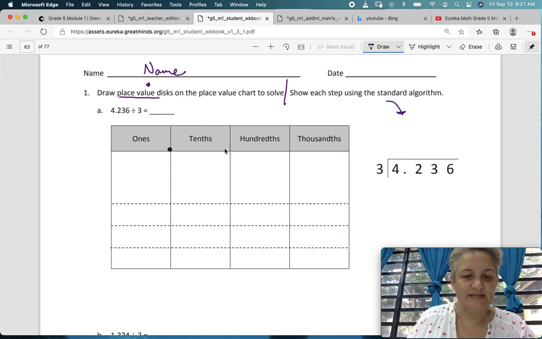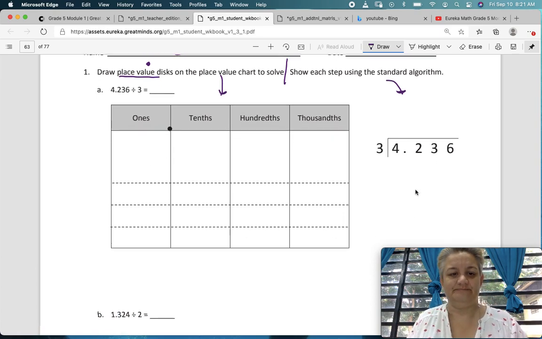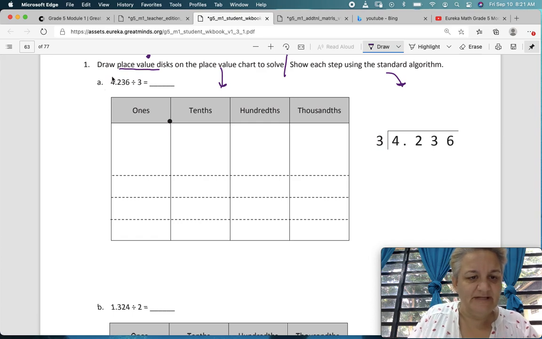But today we're going to use the place value chart. Okay, here's our place value chart to help us understand what is happening on this side. So our number is 4 and 236 thousandths divided by 3. And over here it's written 4 and 236 thousandths divided by 3.